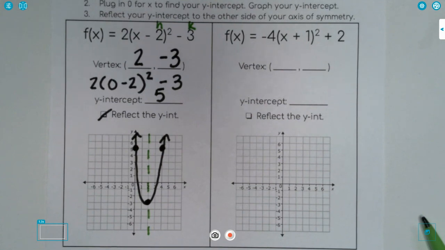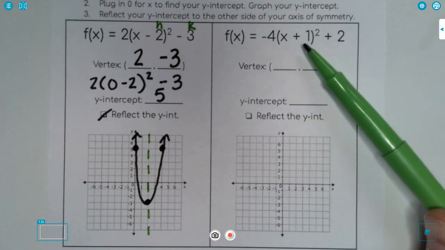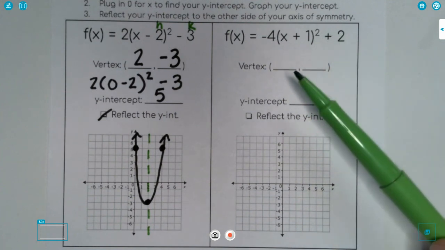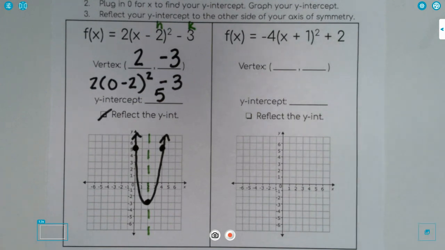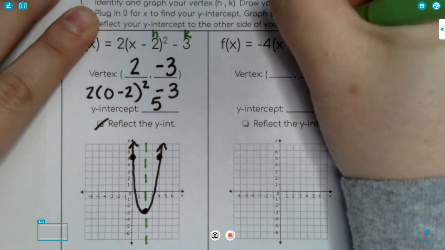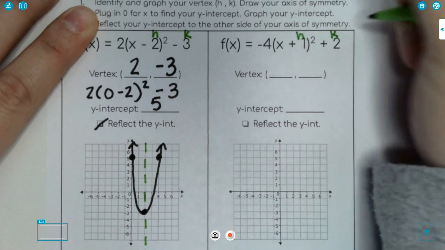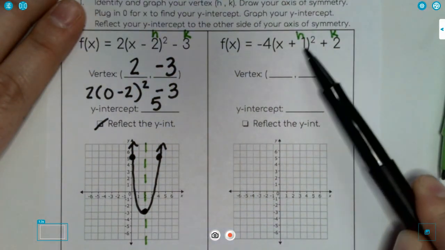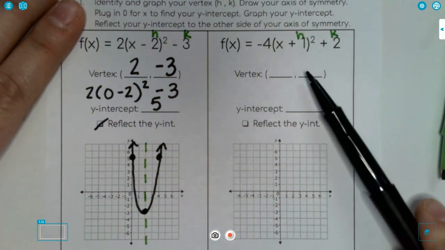Okay. Now let's move on to our second example. We've got f of x equals negative 4 times (x plus 1) squared plus 2. Our vertex is (h, k). So this is my h value and this is my k value. But we have to remember, h is the opposite, k is the same.